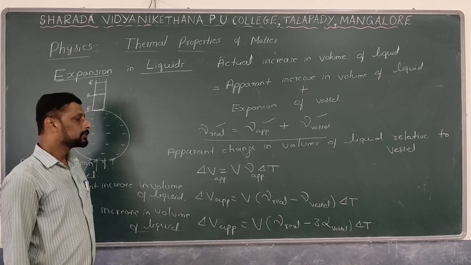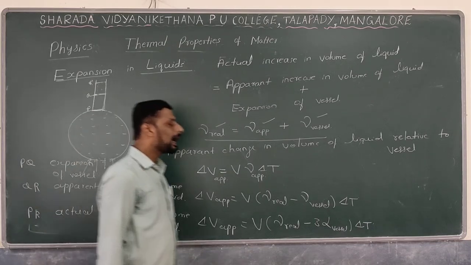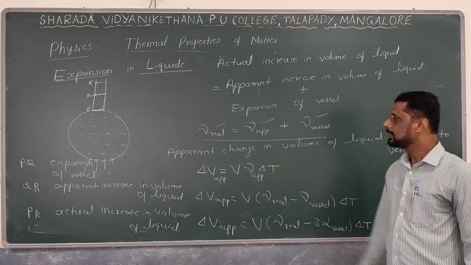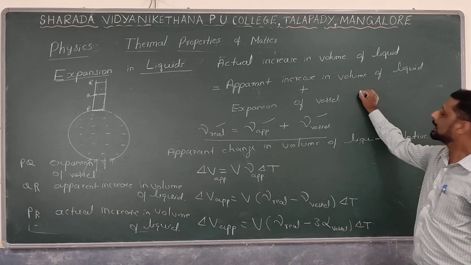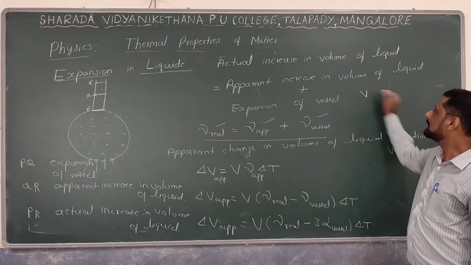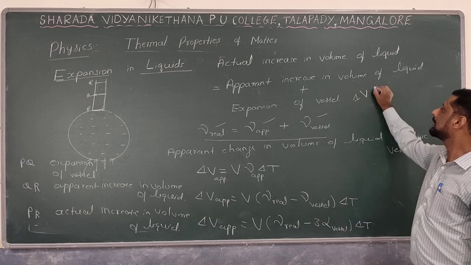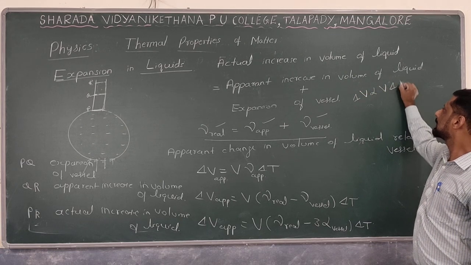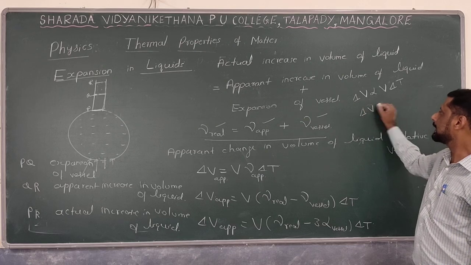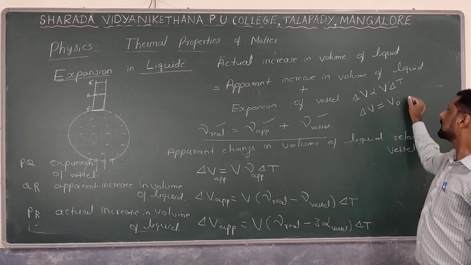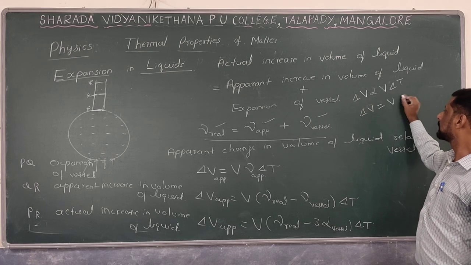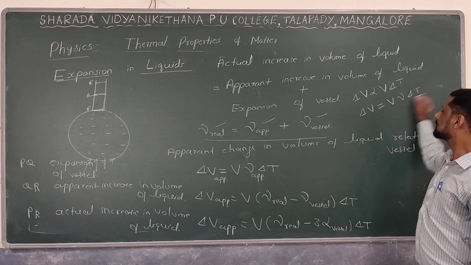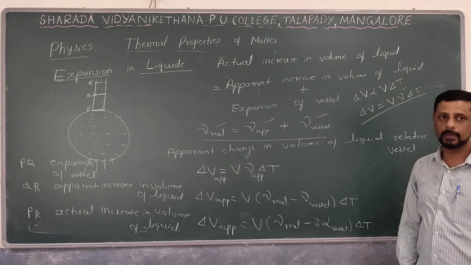So what is the formula to calculate the apparent increase or change in level of the liquid with respect to the vessel? You know the formula for change in volume: delta V is directly proportional to the original volume V into delta T. In terms of a constant, you can write delta V is equal to V naught, the original volume, into gamma into delta T, where gamma is the coefficient of volume expansion.